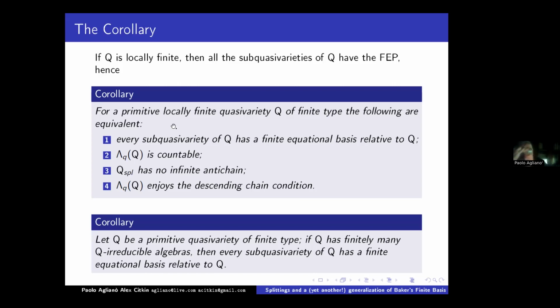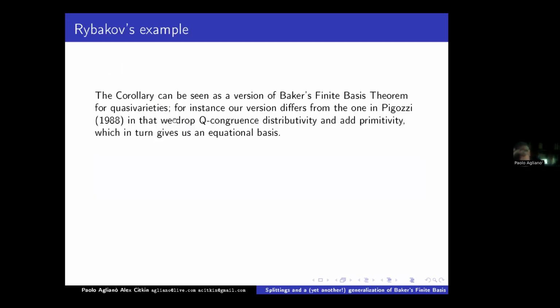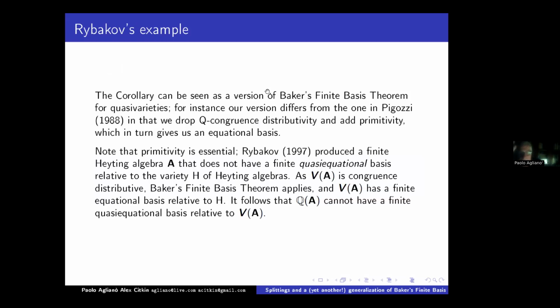The idea is that primitive is necessary, right? First, this can be seen as some version of Baker's finite basis theorem, the one about relative congruence distributive sub-quasi-varieties, in Pigozzi.